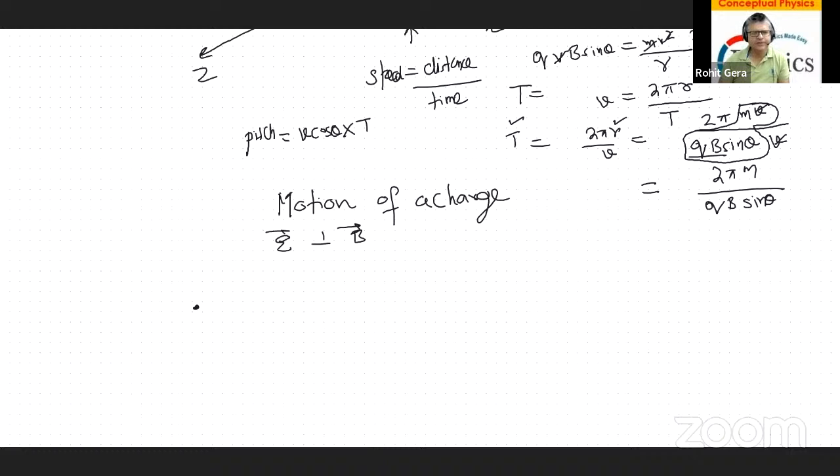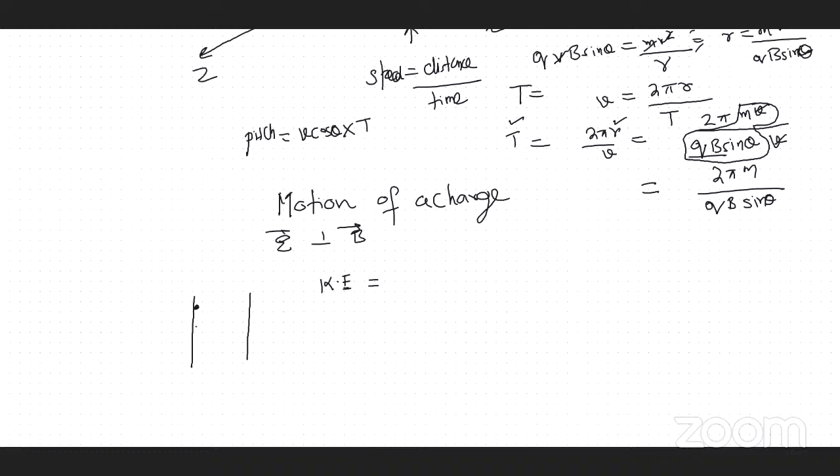It accelerates. So the electric field accelerates it. So the kinetic energy which you gain due to the potential difference, that means across an electric field, a charge runs.